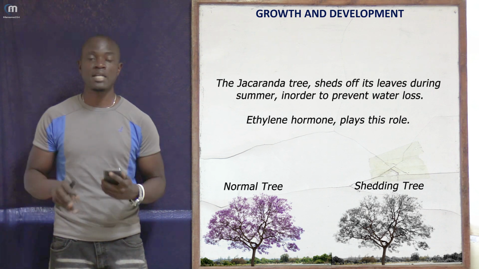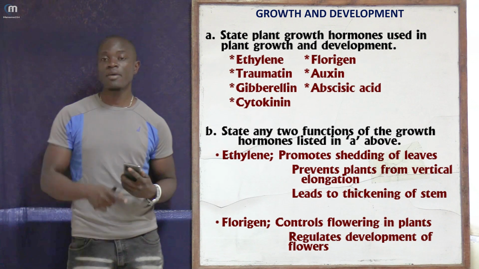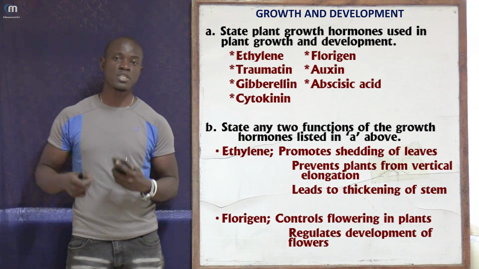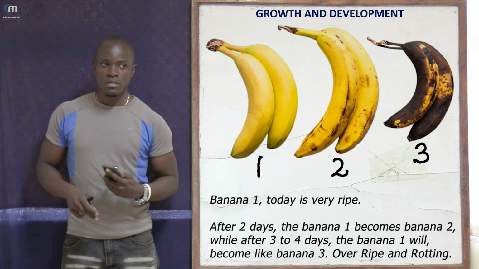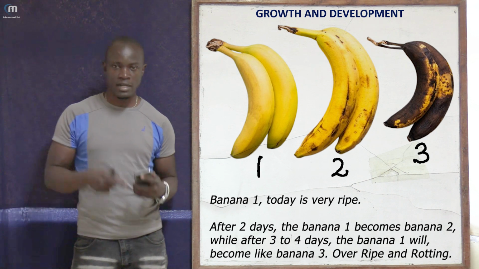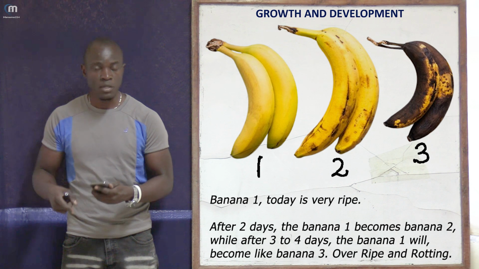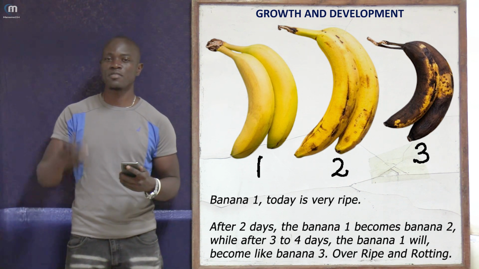Not only in jacaranda, but in all plants, we have ethylene. Apart from that, another function is that it promotes fruit ripening. For instance, you have seen bananas: today the banana is green, tomorrow it has turned yellow, and the next day it has started to rot.